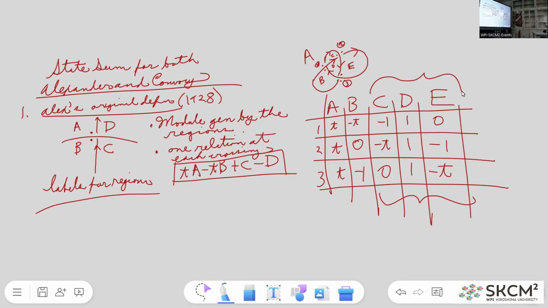So this is a square matrix, and we'll call this matrix M. And then the Alexander polynomial is equal to the determinant of that matrix. Now, what do I eliminate? A and B are adjacent regions.